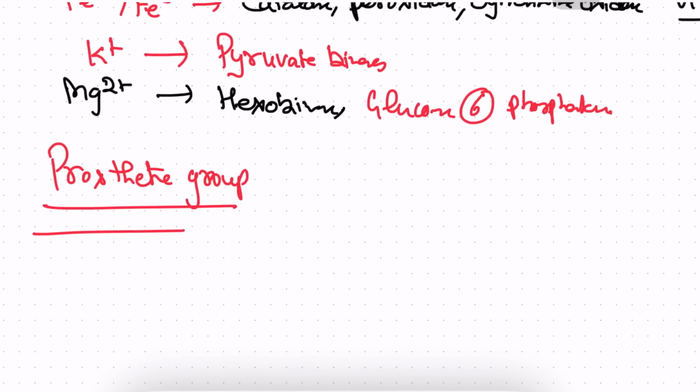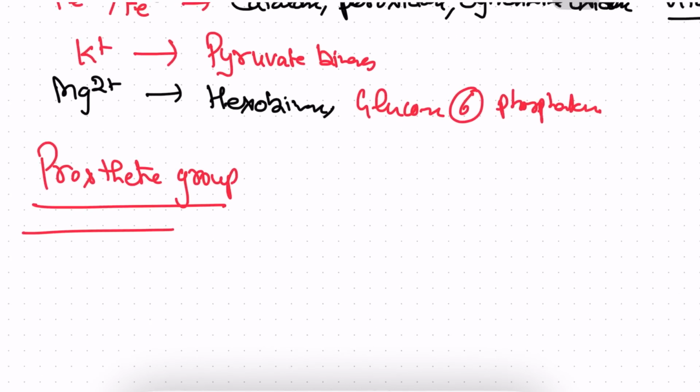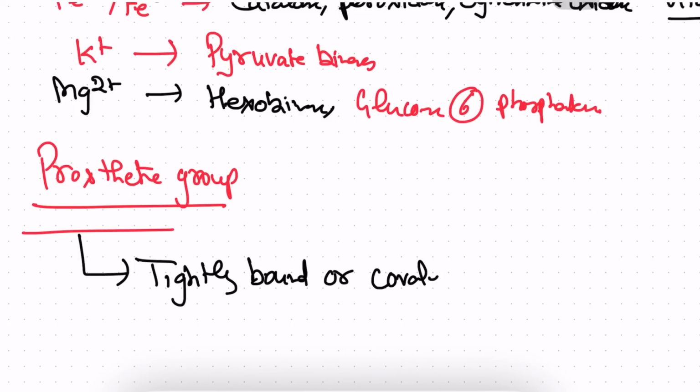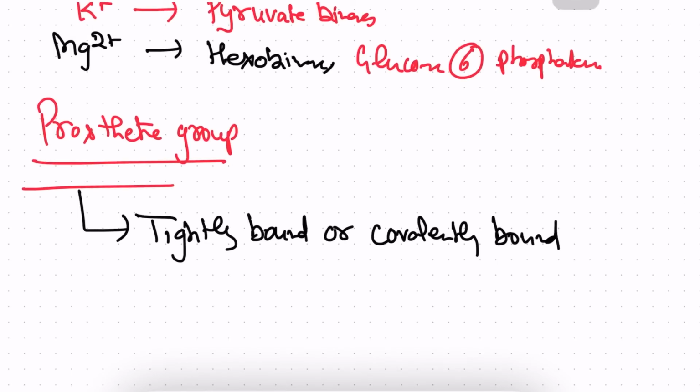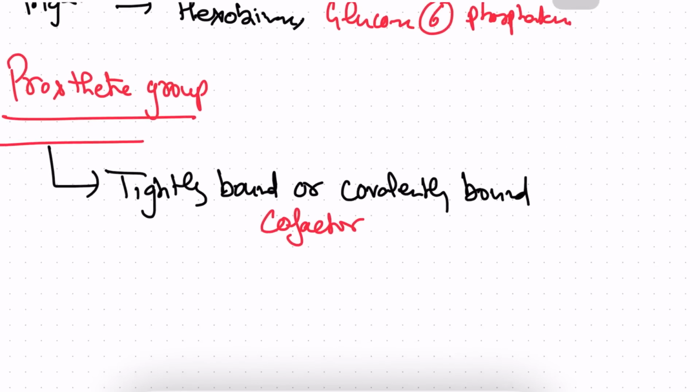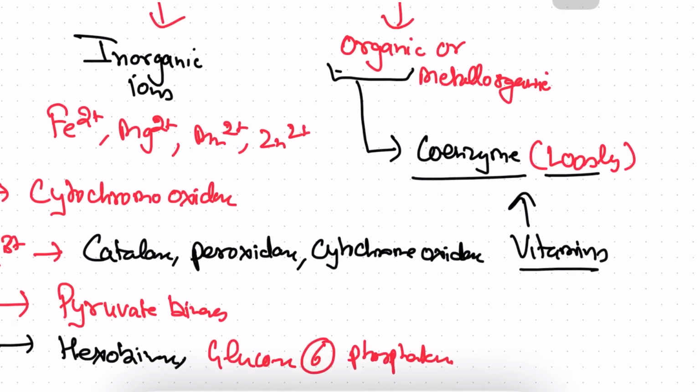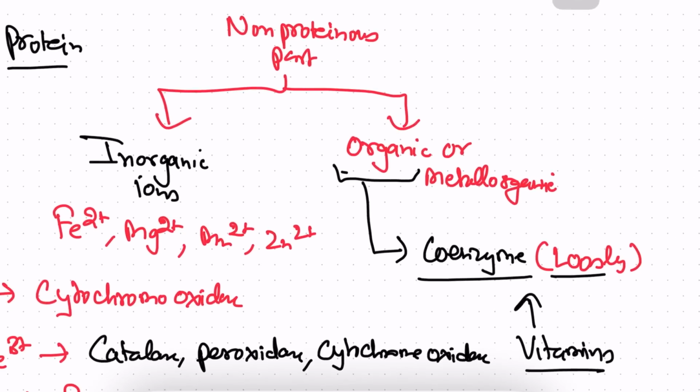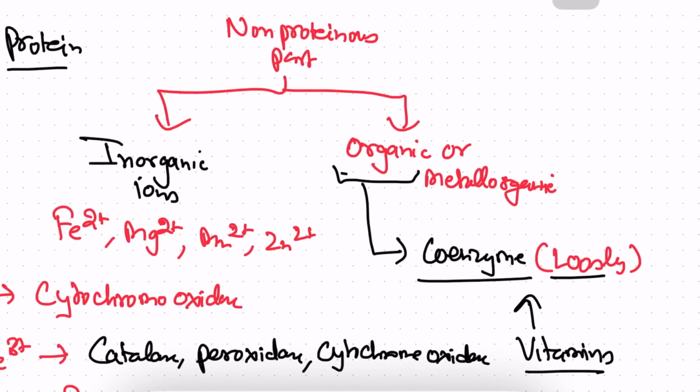Keep in mind, a tightly bound or covalently bound cofactor is known as prosthetic group. So in the case of coenzyme, the coenzyme is loosely bound.